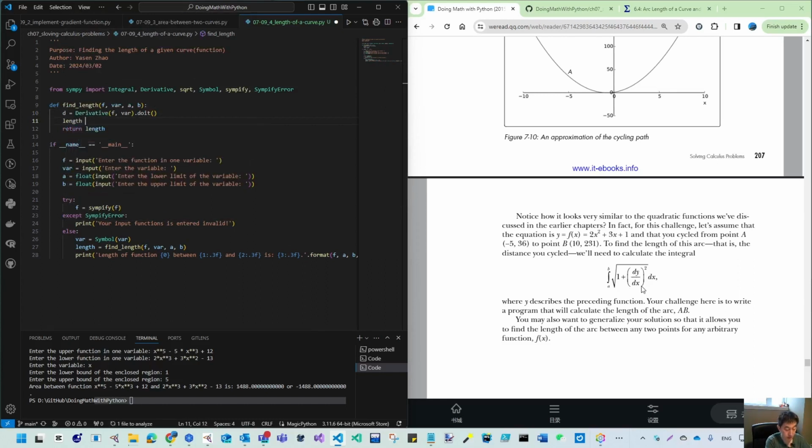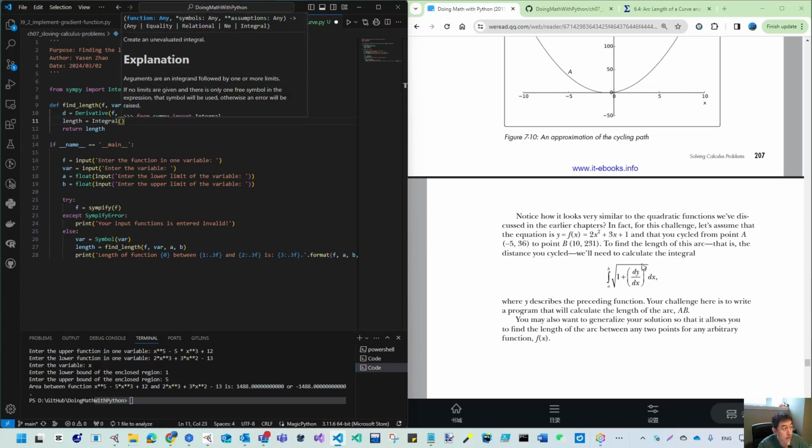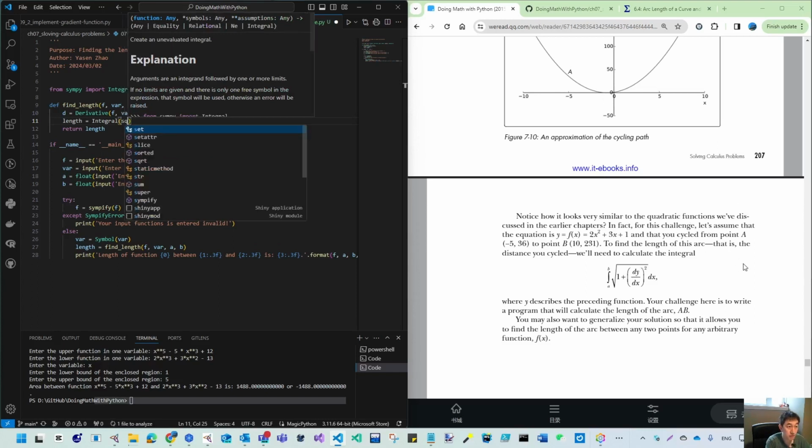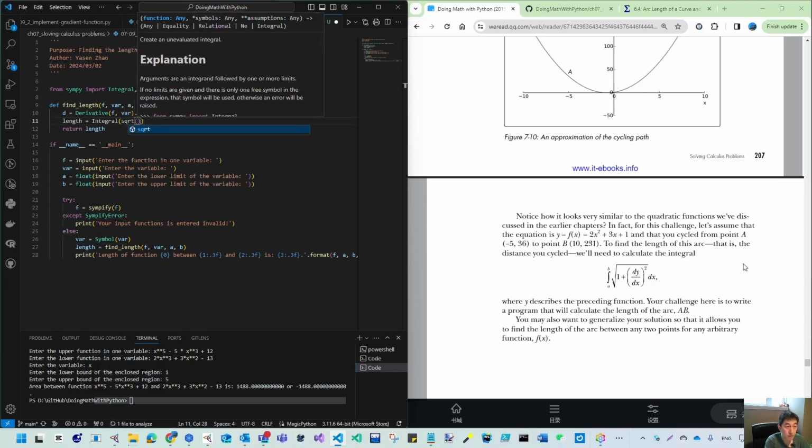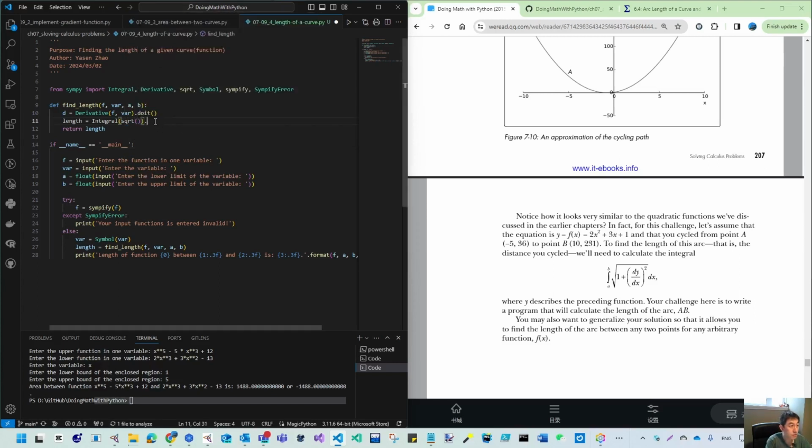We just base it on the formula, so it is the integral. The integral is on the outside. And here we have the square root, with our function. And in the last, we should have this doit. And also, we will generate this evaluate result. So we should have this evaluate f.